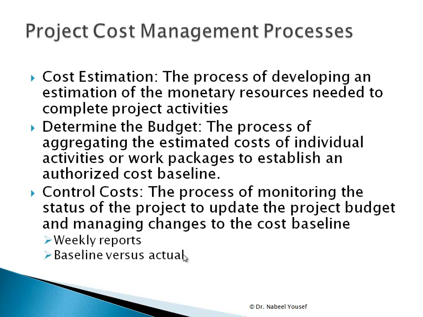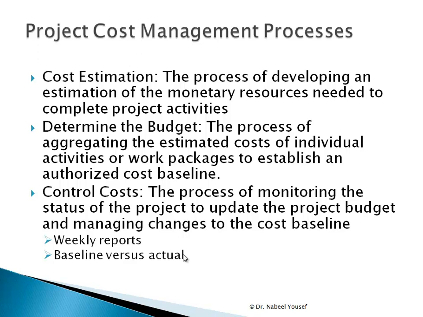The three processes in project cost management are cost estimation, determining the budget, and then controlling the cost during the execution of the project. Cost estimation is the process of developing an estimation of the monetary resources needed to complete project activities.